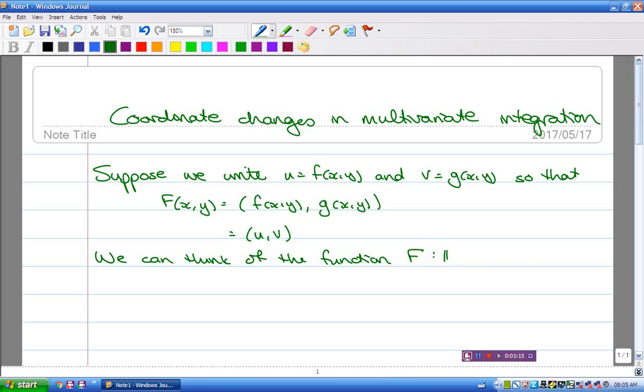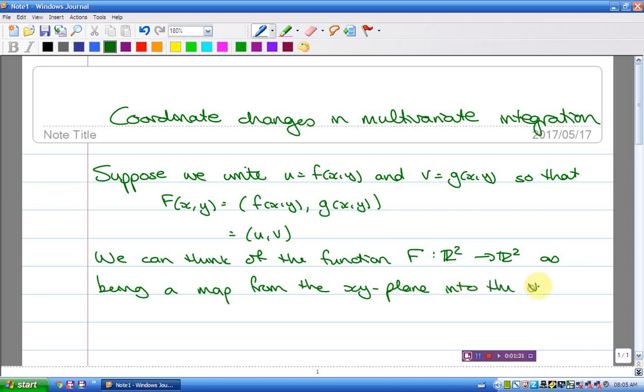We can think of the function that maps from R2 to R2 as being a map from the xy plane into the uv plane.